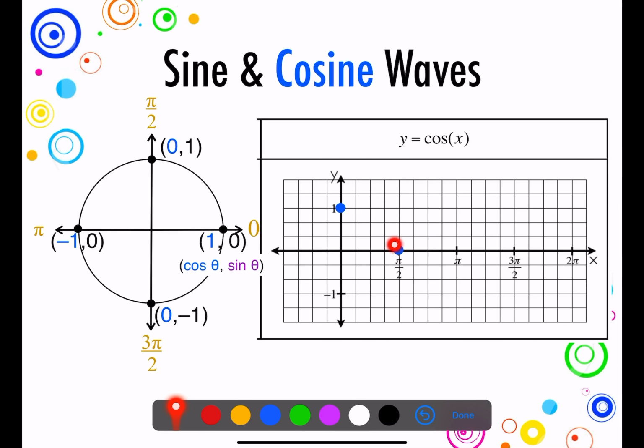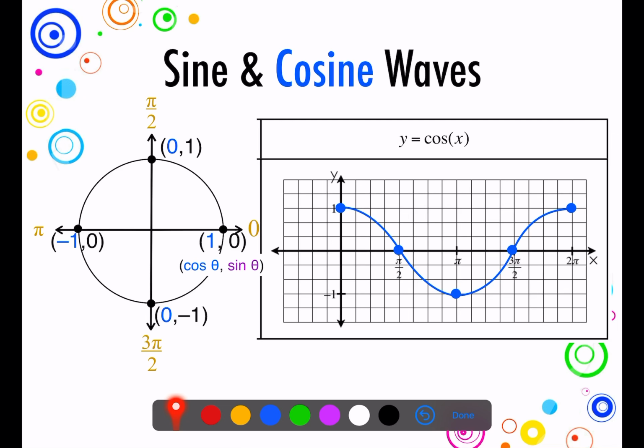So that becomes my y value in my coordinate plane. At pi, the x value is negative 1. At 3 pi over 2, the x value is 0. And at 2 pi, the x value is 1. So again, all I've done is I've traced what is happening to my x values as I go from 0 to 2 pi. Okay, so that's a cosine wave.